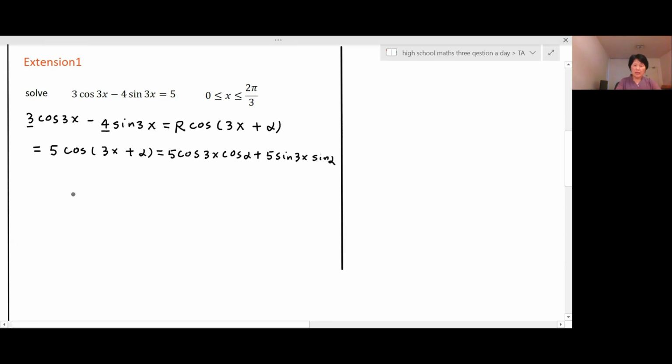Okay, now we equate the coefficients. Look, cosine 3x front digit is 3. The 3 must be equal to the cosine 3x front digit, which is 5 times cosine alpha. So 3 equals 5 times cosine alpha.